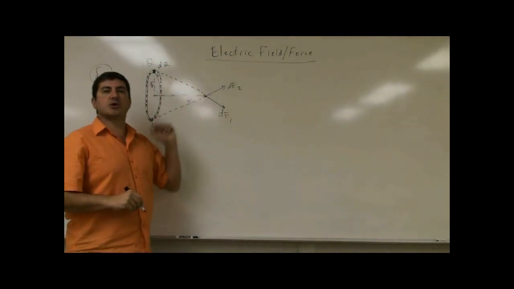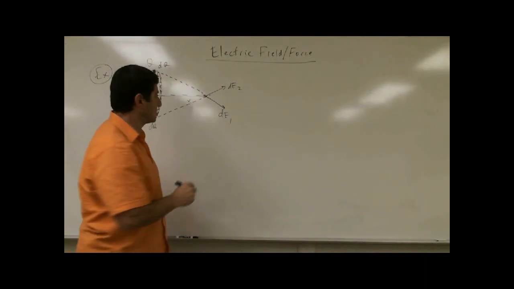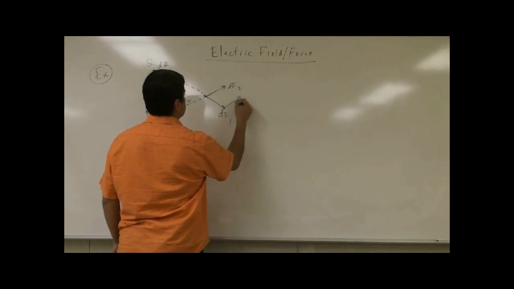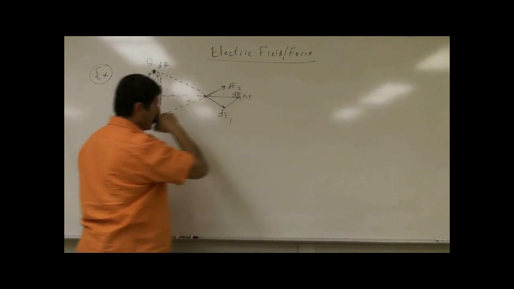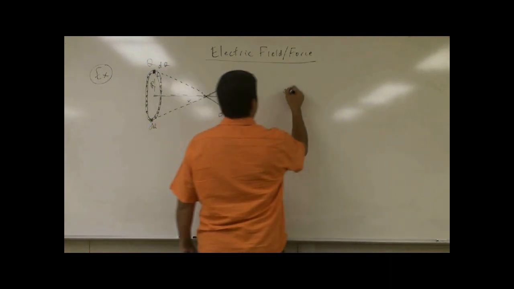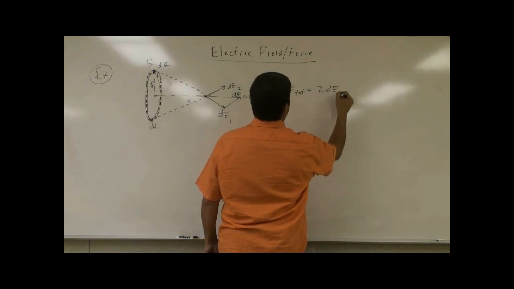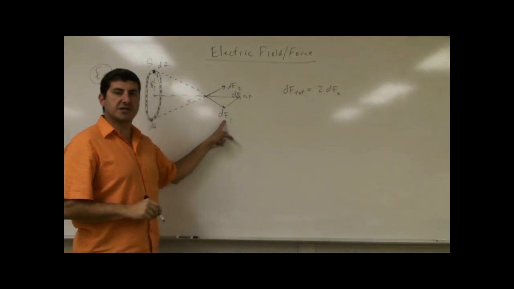So by symmetry, the y components of these vectors cancel and only the x component survives. So if I put this to the tip of this, I get a vector dE total, right? So dE total is equal to 2dEx. Only the x component of the electric fields survives.